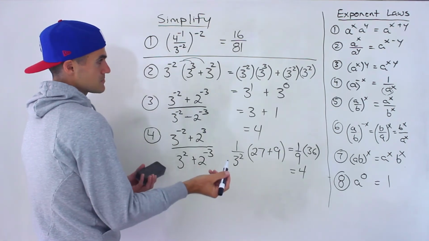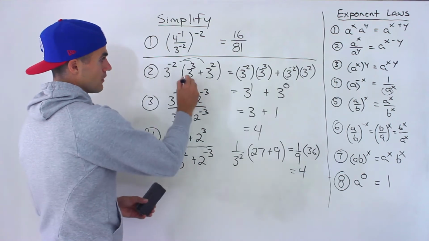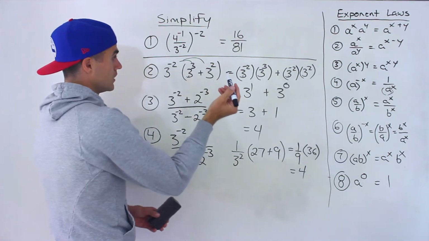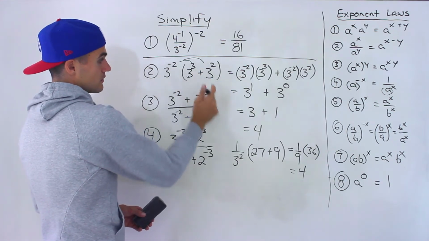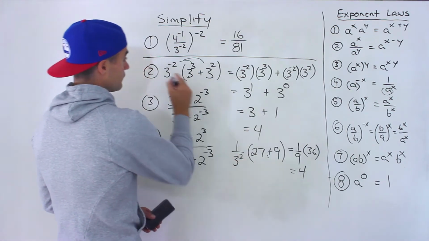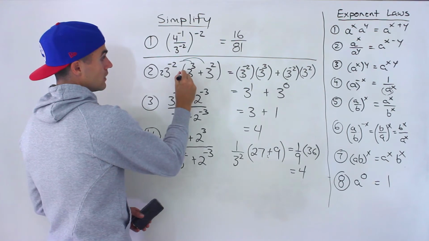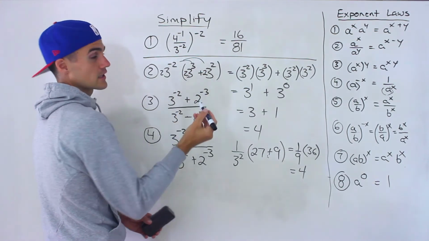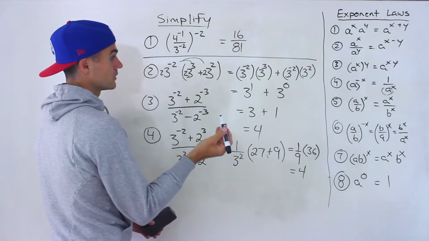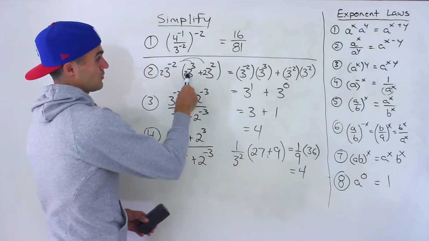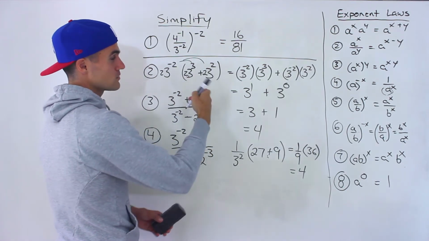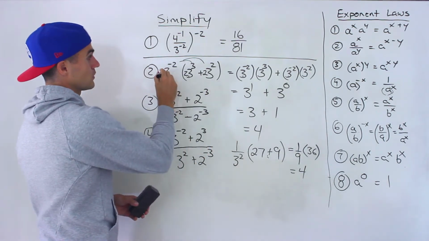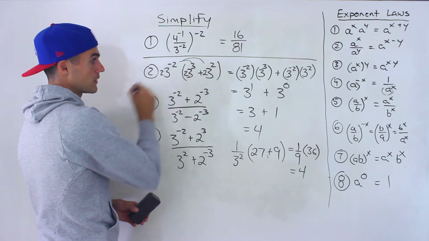In this case, because the base is very simple, 3, it's easy to go about it this way. But what if this was like 23? And let's say you weren't allowed to use a calculator here. Well, 23 to the power 3, 23 to the power 2, that would be a lot of manual algebra then. And then 23 to the negative 2, that'd be 1 over that big number.